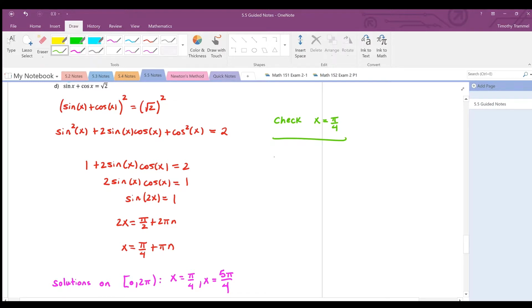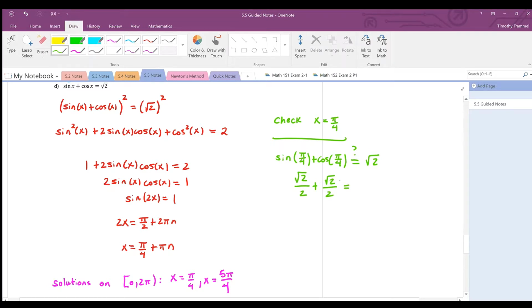Then this is going to look like sine of pi over 4 plus cosine of pi over 4. And if pi over 4 is actually a solution, then this should equal the square root of 2. Well, let's see. Sine of pi over 4 is equal to the square root of 2 over 2, and so is cosine of pi over 4.